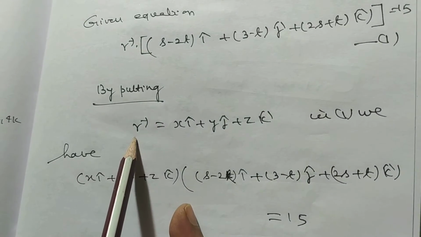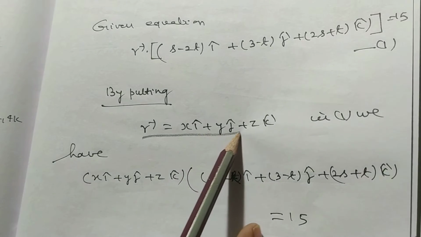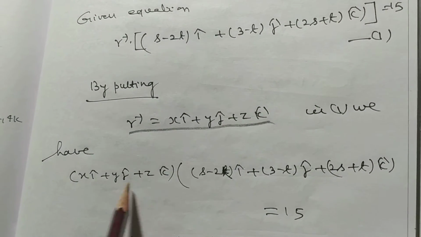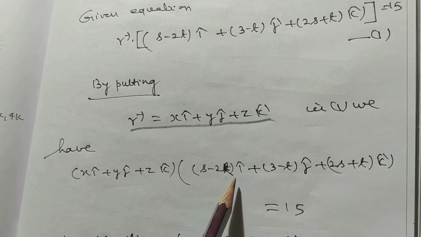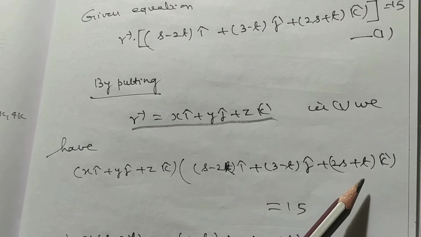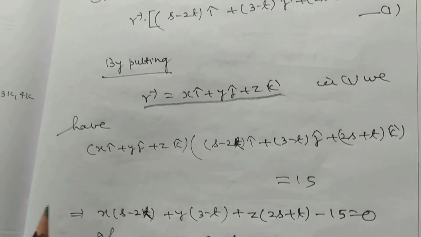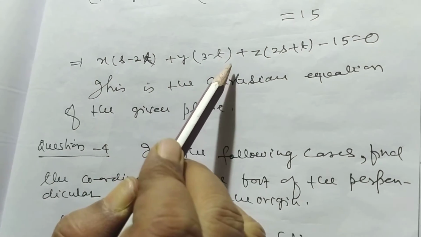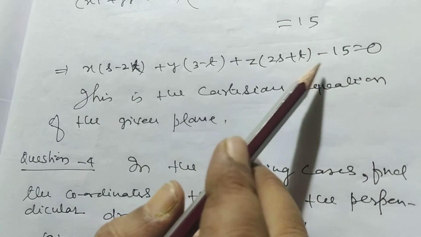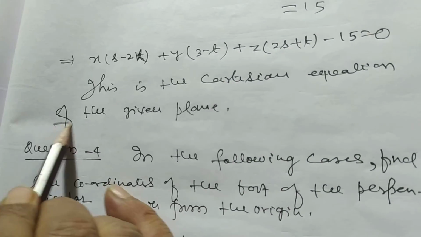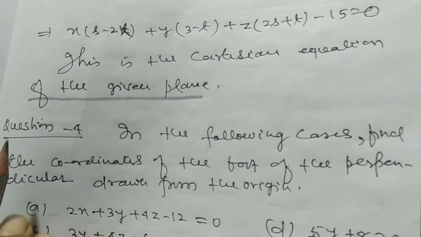By putting vector r is equal to x i + y j + z k, we have (x i + y j + z k) dot ((s - 2t) i cap + (3 - t) j cap + (2s + t) k cap) is equal to 15. So it will be x(s - 2t) + y(3 - t) + z(2s + t) - 15 = 0. This is the Cartesian equation of the given plane.